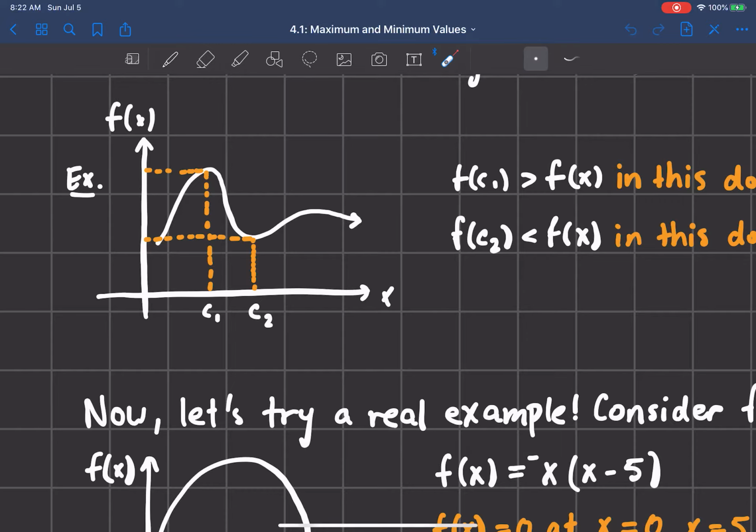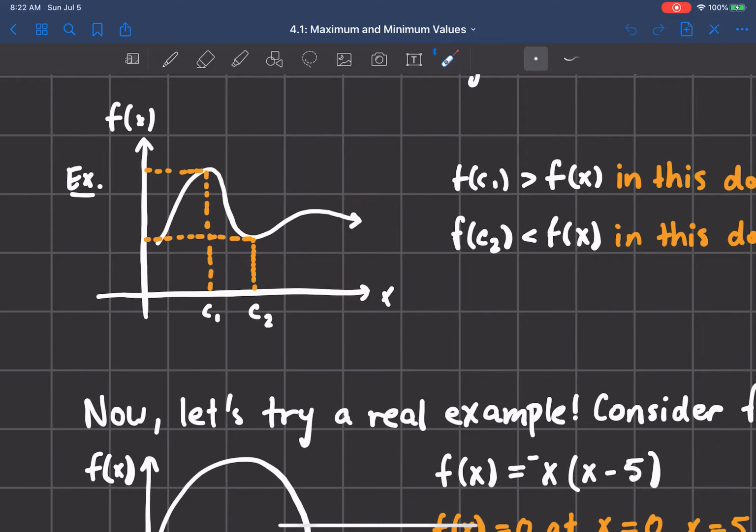But this function may be defined for more x, which means that there's probably a curve going all the way there and some curve going up in here. We don't know how that function behaves outside of what we call this subset of the domain. As a result, we don't know if this is the biggest that we're ever going to get. All we know is within this subset of the domain, we get the biggest value at c1.